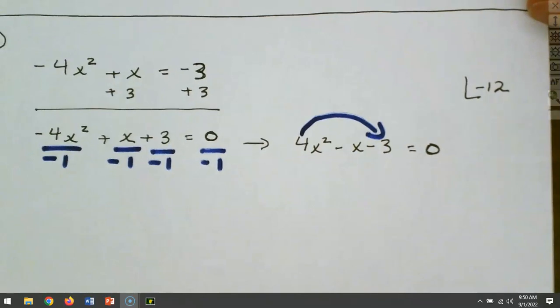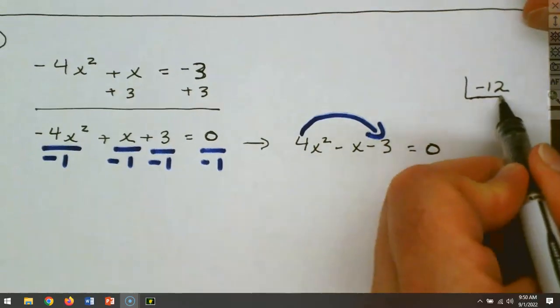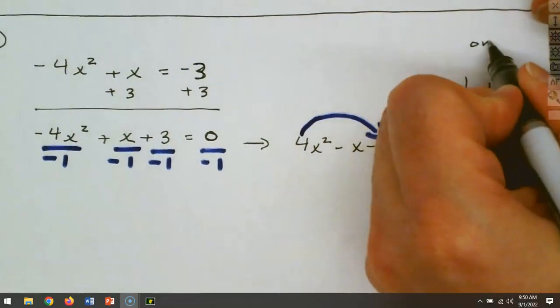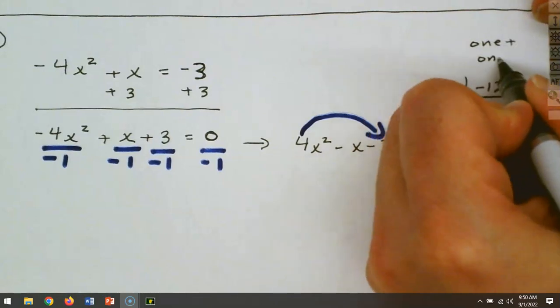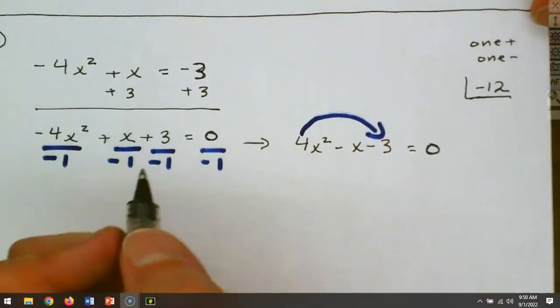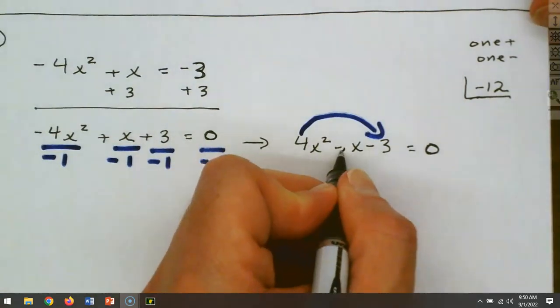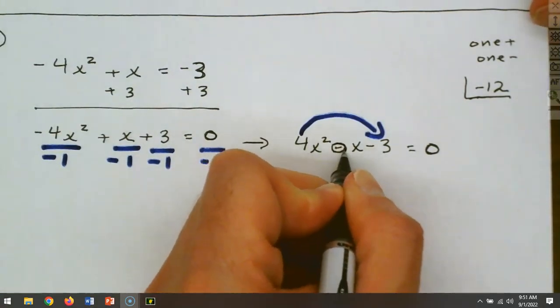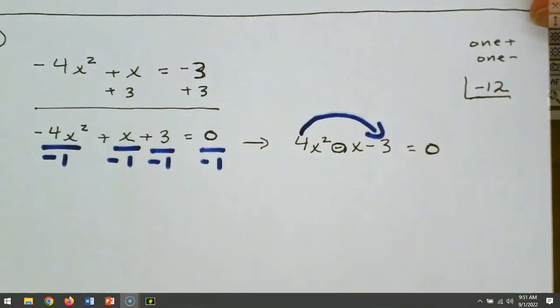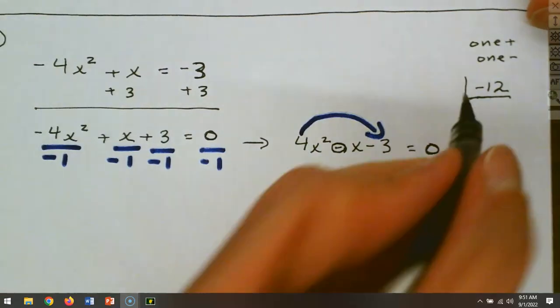What do we know about the 12? It's negative. So what do we know about our signs here? One positive, one negative. Which one's going to be the larger number, positive or negative? The negative one's going to be larger, because the middle is negative.